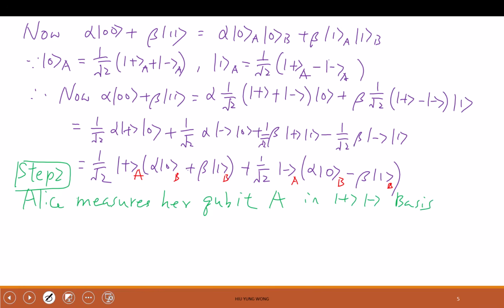With this, so much math is just because I want to transform it to the plus minus basis for Alex. So these are orthogonal bases. They are the eigenvectors of sigma x. When you do measurement, what happens? Collapse. Very good. So it will collapse. What will it give you?